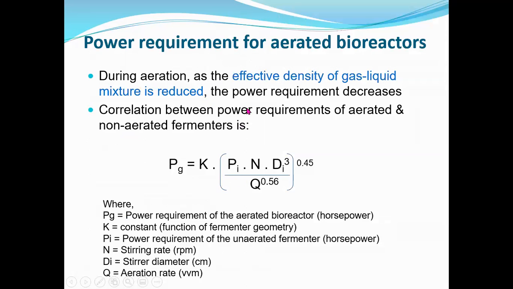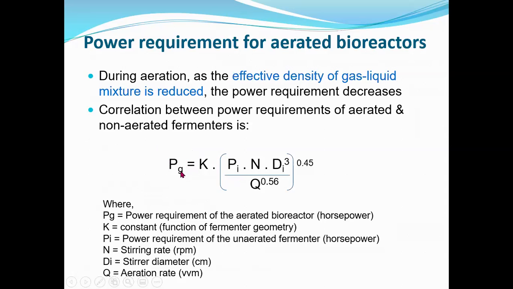There is also a relationship between the power requirement of aerated and non-aerated bioreactors. During aeration, as the effective density of the gas-liquid mixture is reduced, the power requirement simultaneously decreases.